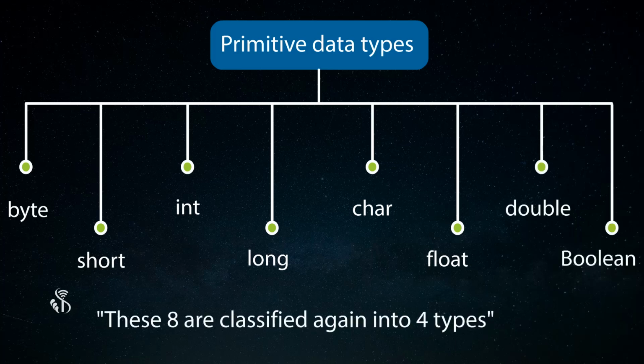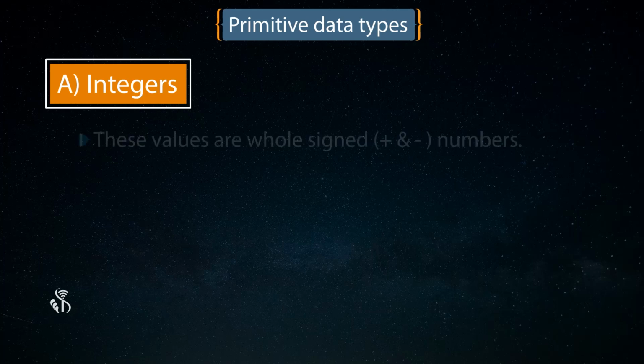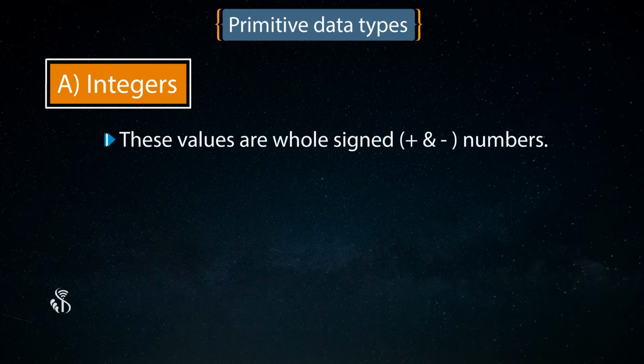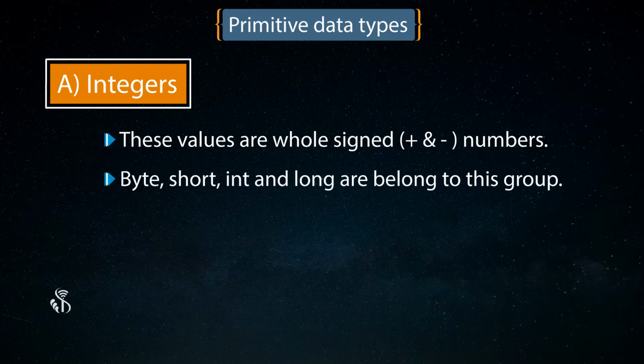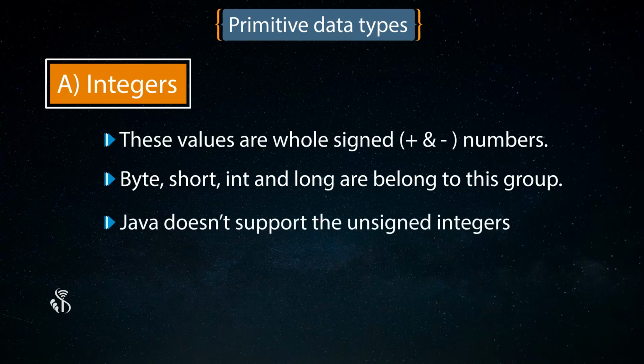Now these 8 are classified again into 4 types as follows. Integers: these values are whole signed, positive and negative numbers. Byte, short, int and long are the 4 which belong to this group. Please note that Java doesn't support unsigned integers.